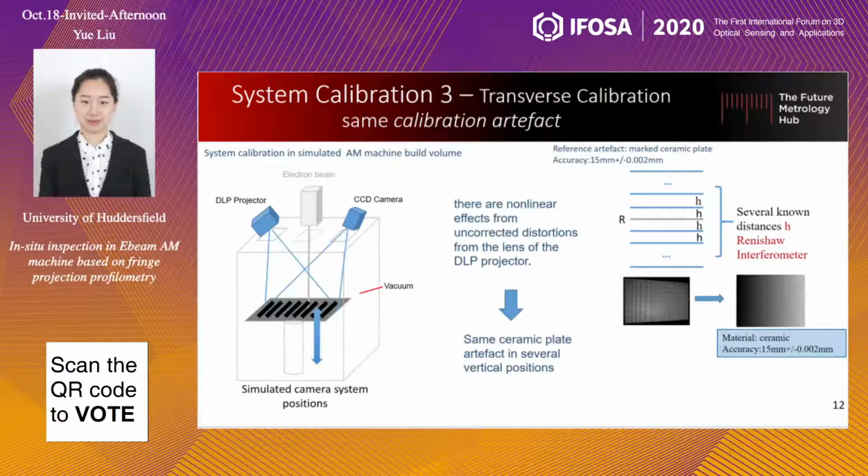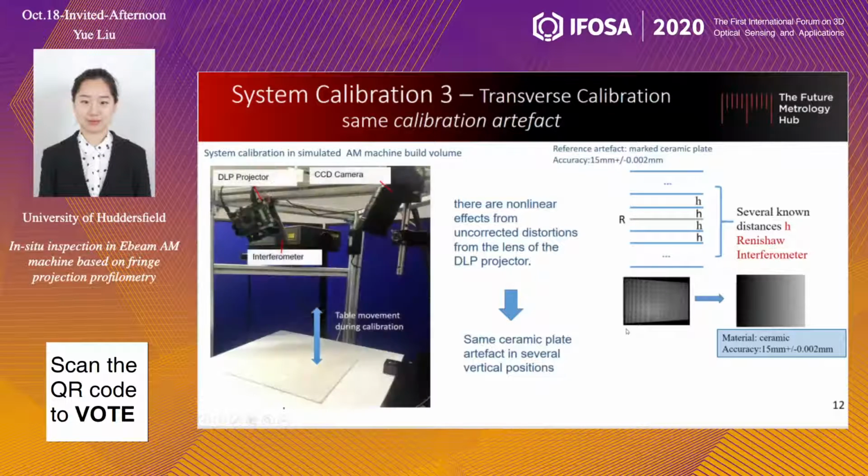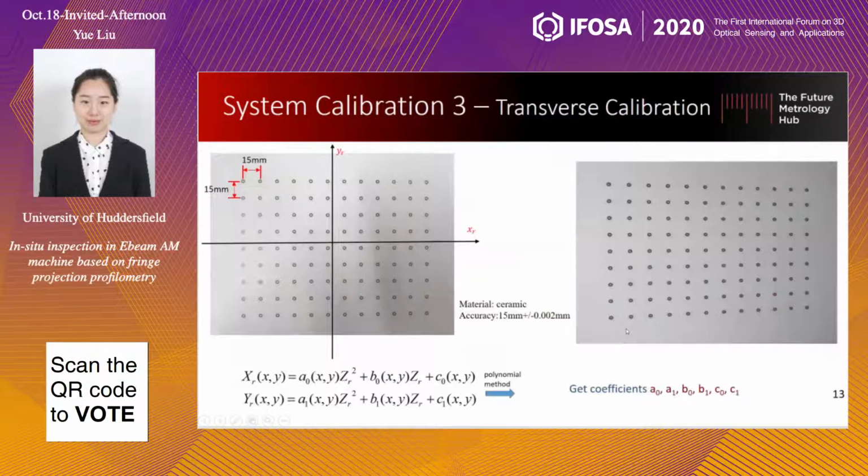The material of this calibration board is ceramic, and the accuracy is around 15 micrometers. We set the middle position as a reference surface, and then we can finish the calibration.